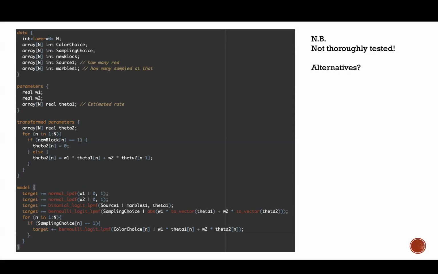And then the model has, first, the 3 priors: the 2 priors for W1 and W2, then the estimation of theta 1 given source 1 and the marbles, and then a full model for all the trials where sampling choice is determined by sum, which is how far we are from 0.